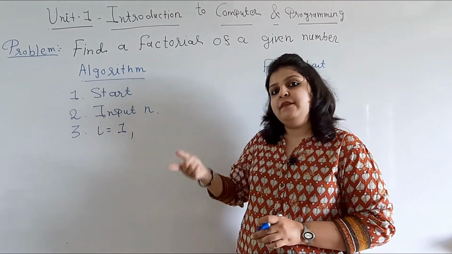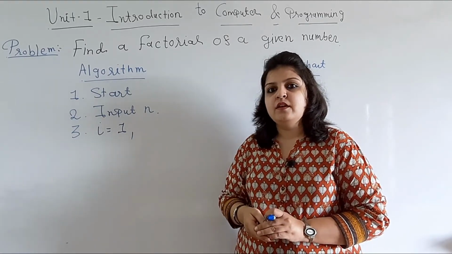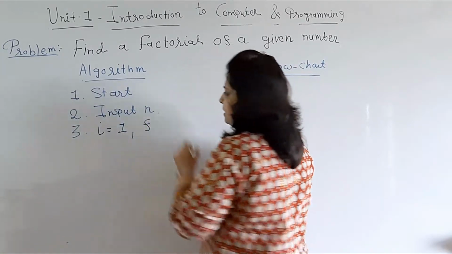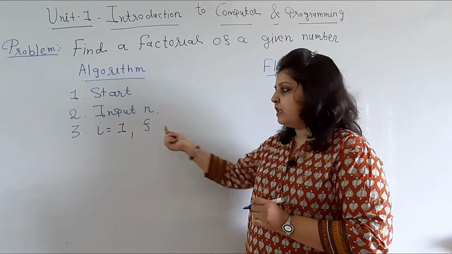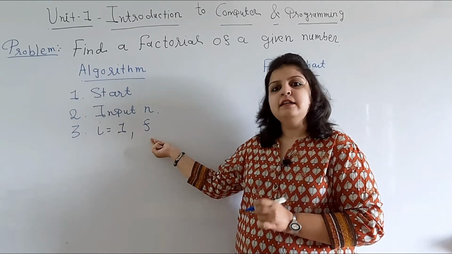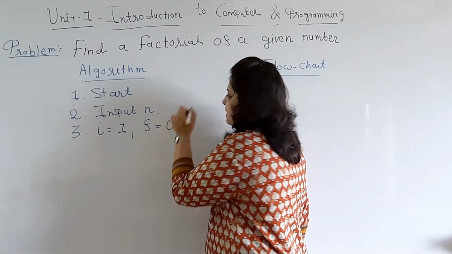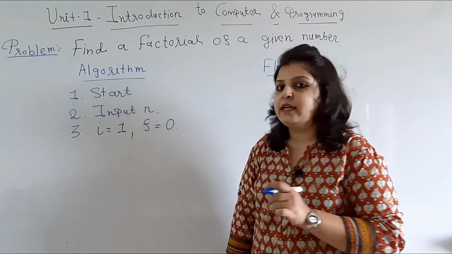Now in the previous example we took sum is equal to 0. So here I am taking one variable as f for factorial, and our answer will be stored in this variable. Now can I assign f is equal to 0? No. Why?